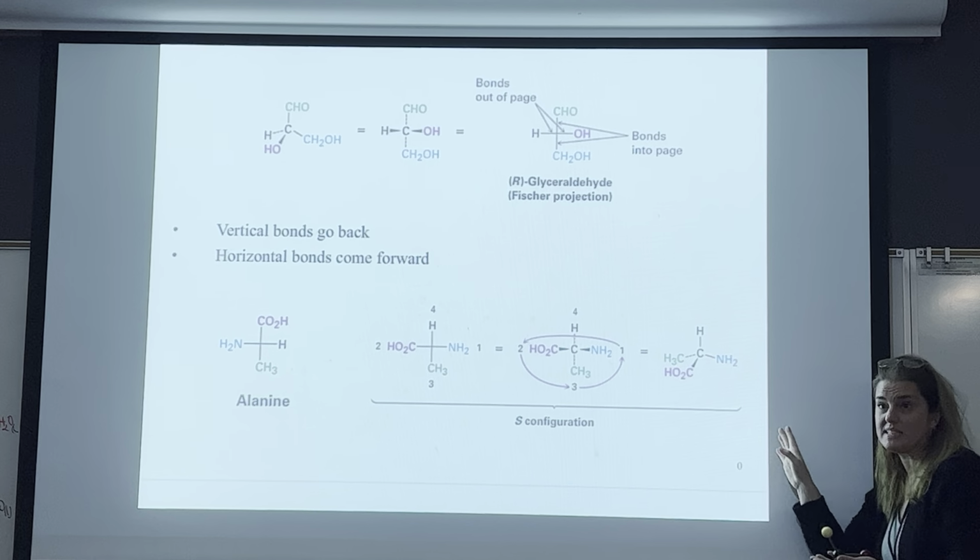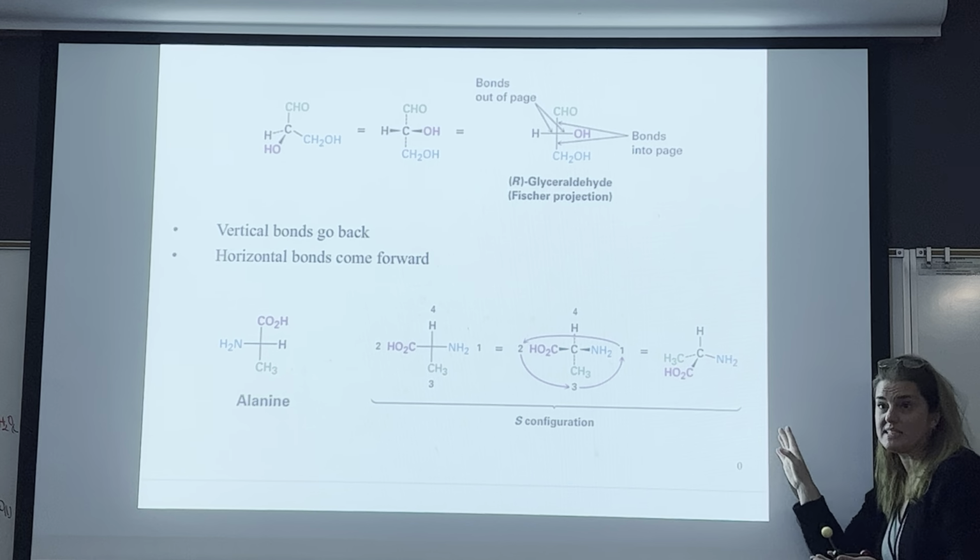Okay, and then what we said is if you interchange any two of your groups on an asymmetric carbon or a chiral carbon, you're going to get the other enantiomer. So if we have this right here, and it's R, and we pluck two of these off, and we interchange them, and we leave the other two as is, it doesn't matter which two you pick as long as you leave the other two.